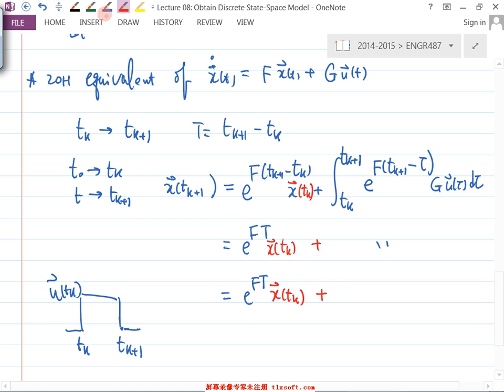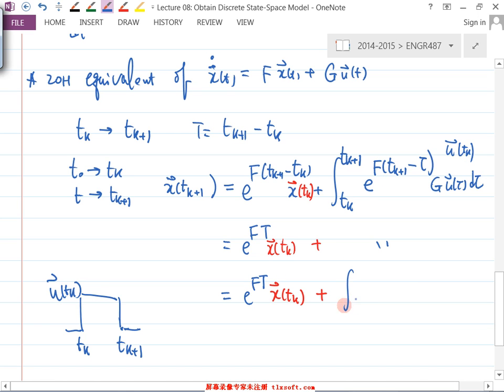And plus this integral, where I replace u of tau with u of tk, and G is a constant matrix, so I can take G out of this integral. U of tk is also constant with respect to this integral.